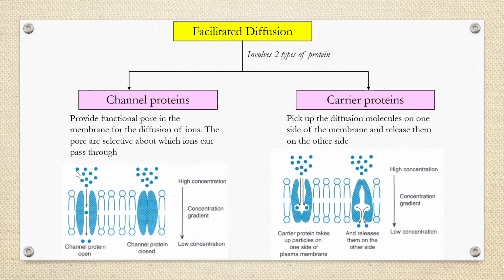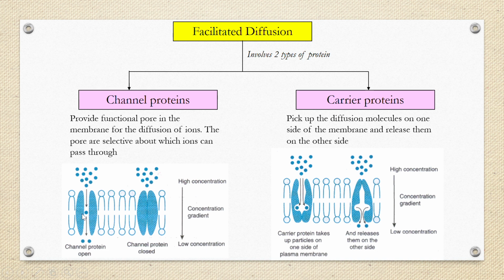Again, this is still passive transport, so it is always down the concentration gradient, from a high concentration of solutes, in this case the ions, to a region of low concentration, without the use of any energy.